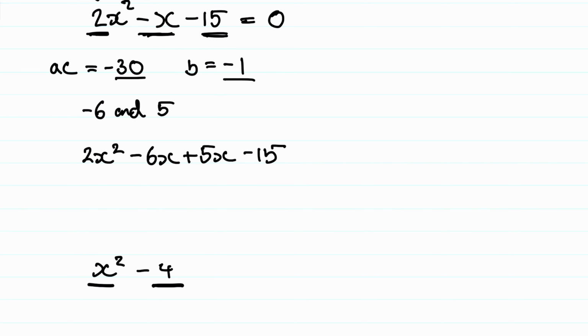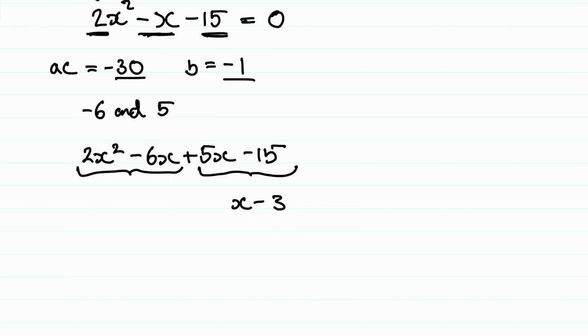And then from here, the neat thing is that you now have two parts which share a common factor. If you look here, you can see that both of these terms have a common factor of x minus 3.